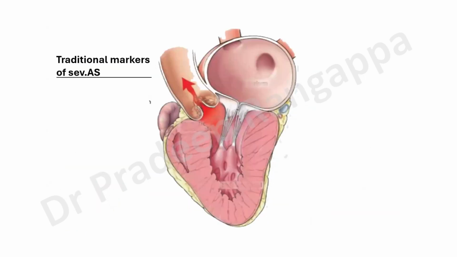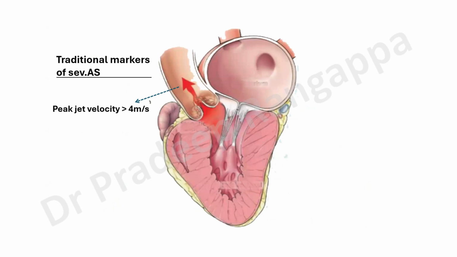When we deal with aortic stenosis in ICU, there are markers which tell you that the patient has severe aortic stenosis. There were these traditional conventional markers. Now they have certain novel markers. The traditional markers of severe aortic stenosis: you have peak jet velocity. Because the aortic valve is stenotic, the blood flows at a much higher velocity.